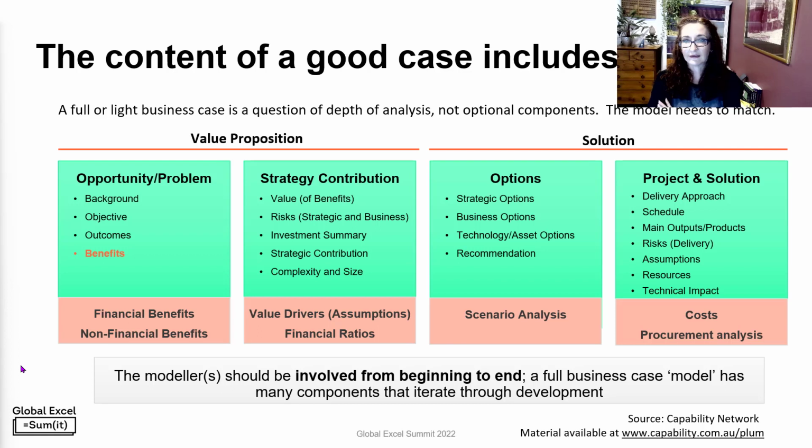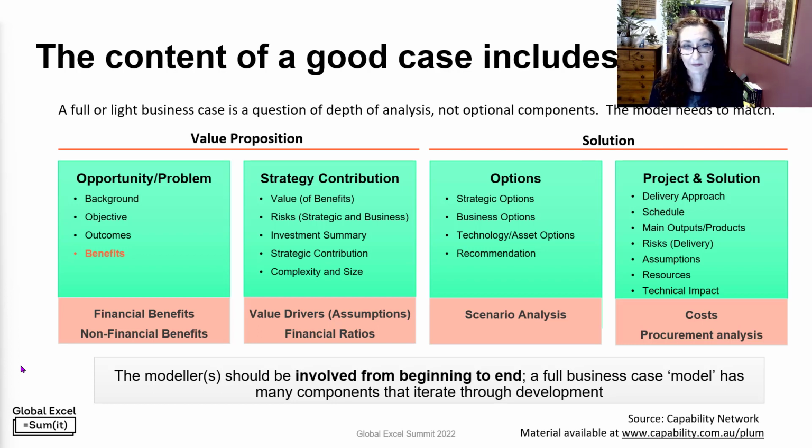So this is a look at how the modelling fits into this structure. The orange boxes below are basically the parts of the model and what you need to do in order to address this from a modelling perspective.